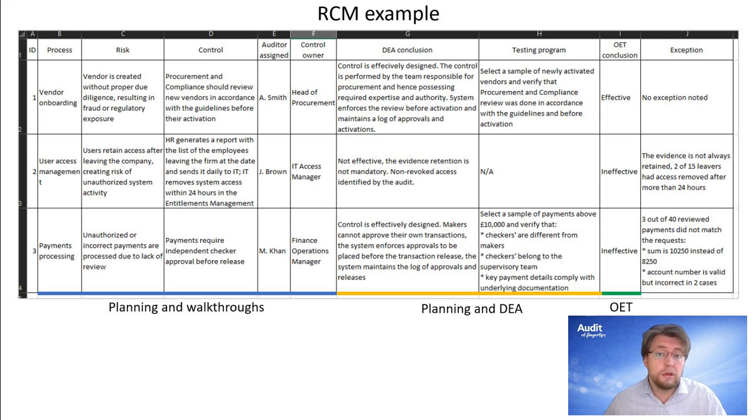Normally, we do not include issues in the RCM, although if you think it's helpful for your process, why not? The last example is about the OET failure. We see that DEA is effective, so the control is effectively designed. However, it's not properly executed: the checkers review the payments but miss incorrect information, like the sums not always being correct.